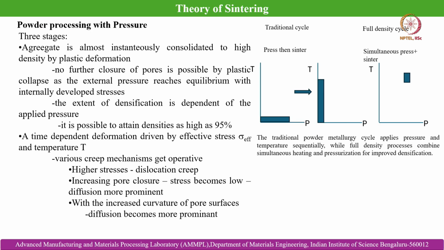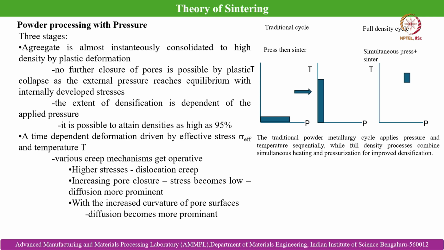This slide basically summarizes the effect of powder processing with pressure. In pressure assisted processing, the aggregate is almost instantaneously consolidated to high density by plastic deformation. No further closure of pores is possible by plastic collapse as the external pressure reaches equilibrium with the initially internally developed stresses.